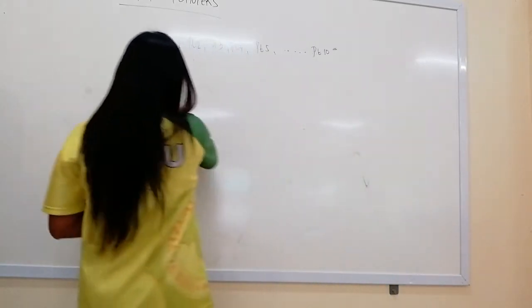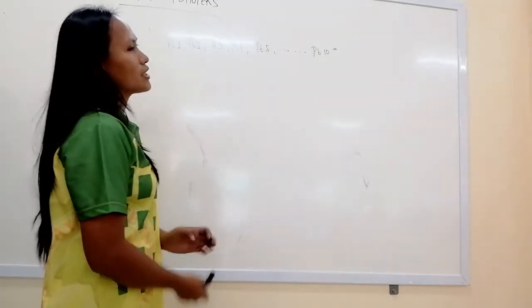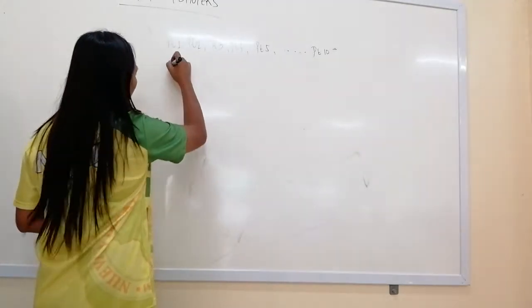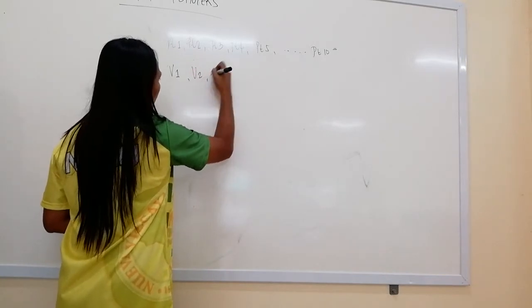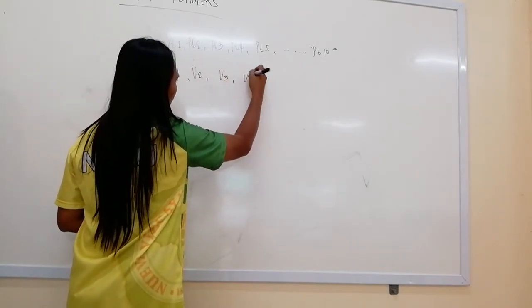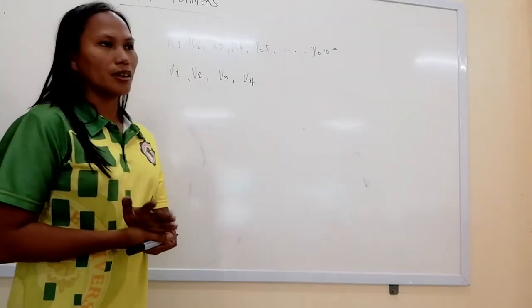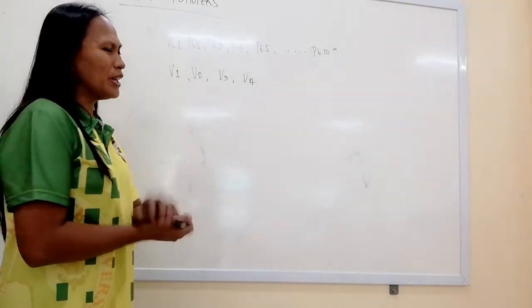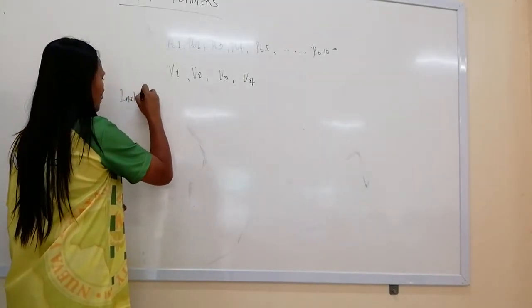Now, we will also declare and use variables. What variables will we use? We have variable 1, variable 2, variable 3, and variable 4. So, we will use 4 variables. Now, we have here the instruction.